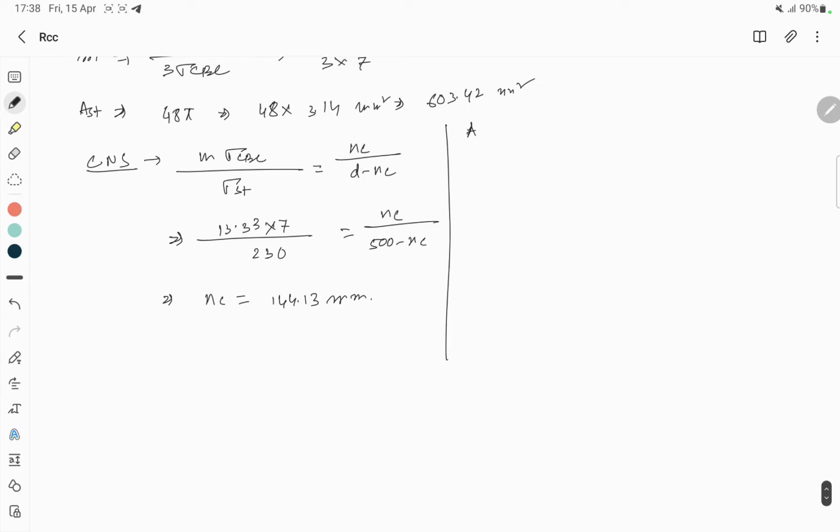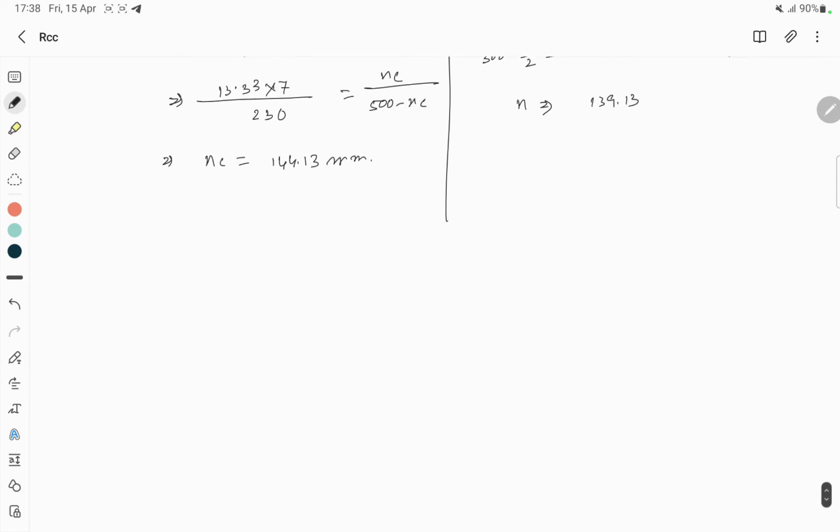So what is the value of the actual neutral axis? That is B N square by 2 equal to M AST into D minus N. 300 into N square by 2 equal to 13.33 into 603.42 into 500 minus N. So N equal to 139.13.